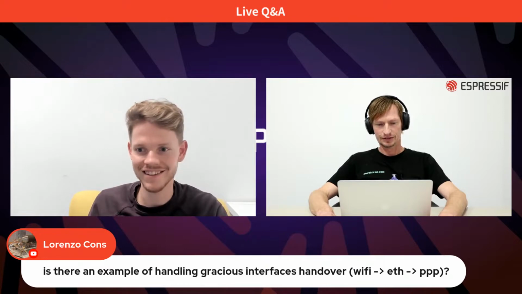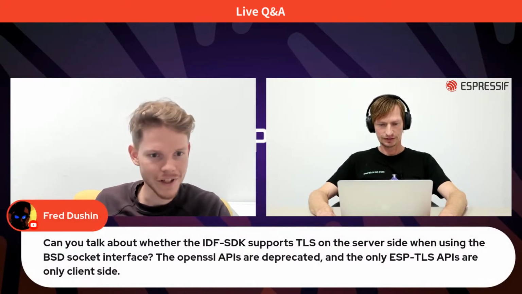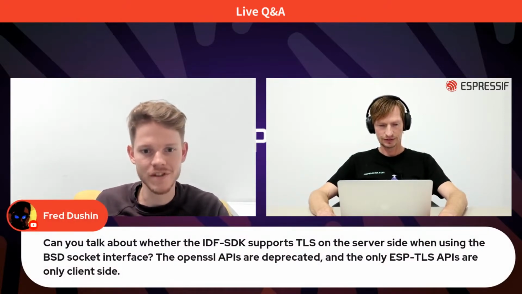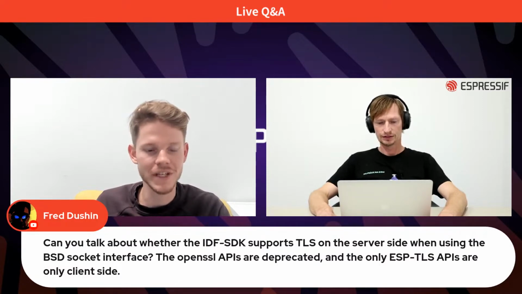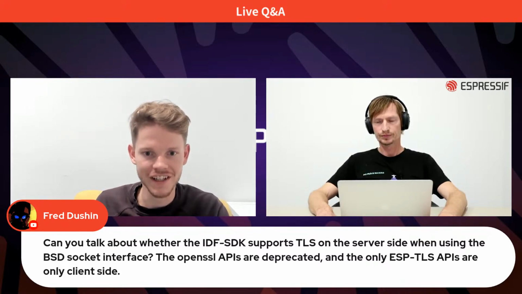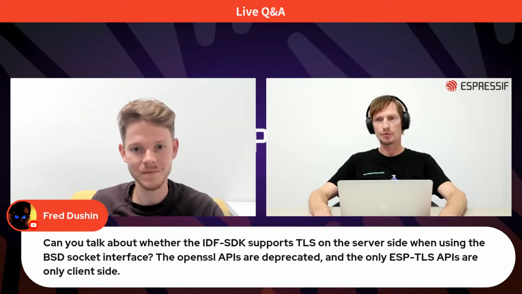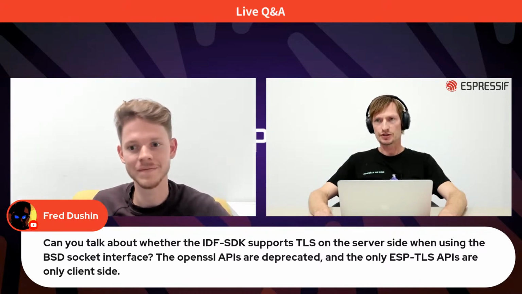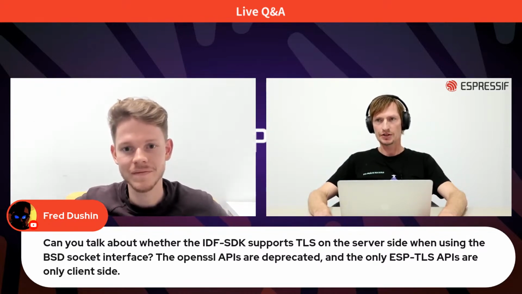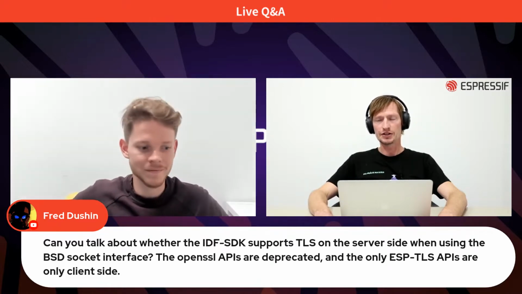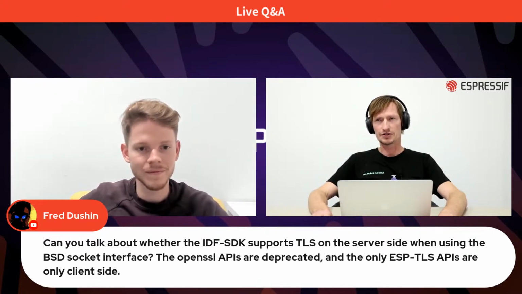Next one. Can you talk about whether the IDF SDK supports TLS on the server side when using the BSD socket interface? The OpenSSL APIs are deprecated, and the ESP TLS APIs are only client-side. Yes, we have removed the OpenSSL component from IDF. So currently users have two options: either use the mbed TLS API, which is kind of complicated, or we also have this small component called ESP TLS.